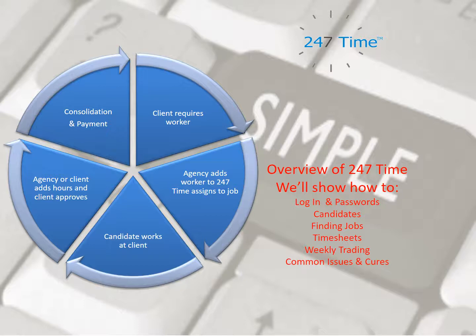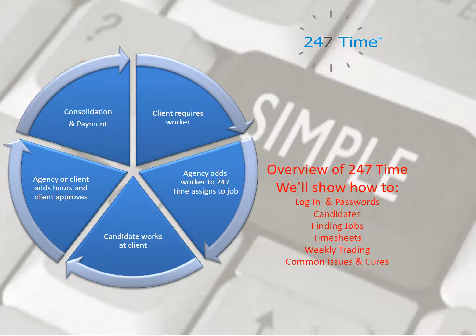It starts off, as you can see there, with a virtual circle where a client requires a worker, and you may tout a worker to a client, or equally the client may come to you direct looking for a worker with a particular skill. You'll then add the candidate into 247 time if you haven't done already, and then assign that candidate to that relevant job role.